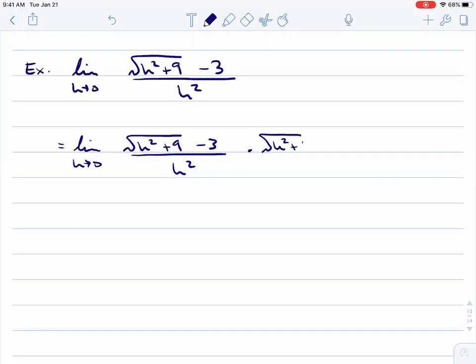H squared plus 9, that stays the same, but then if we do plus 3, some things are going to cancel, and we're going to get rid of that square root. We are going to end up with a square root in the denominator, h squared plus 9 plus 3, but that's all right, because hopefully, if we plug in 0 now, it's not going to yield a 0 in the denominator.